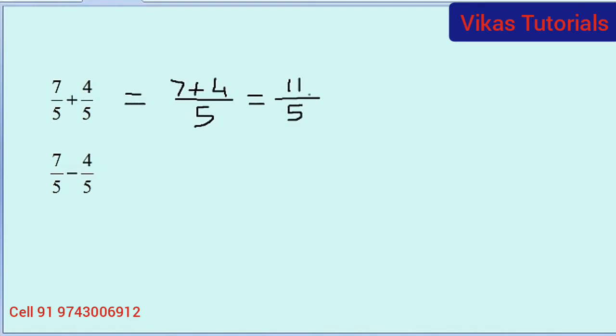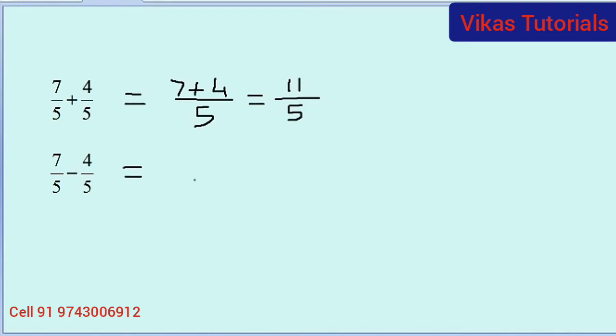We cannot further simplify this number, but this is an improper fraction. If we want, we can convert it into a mixed fraction, but that is not necessary here. If you don't understand what proper, improper and mixed fractions are, then watch my video on fractions. In that I have explained proper, improper and mixed fractions.